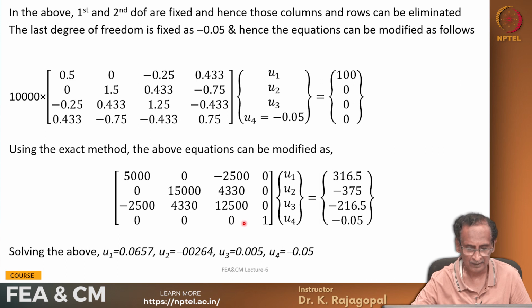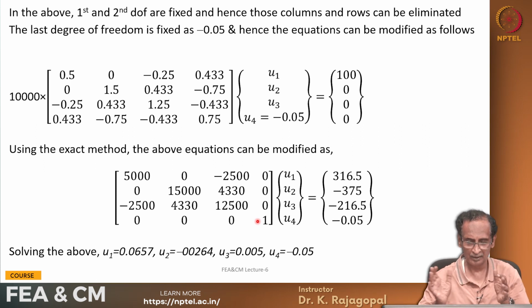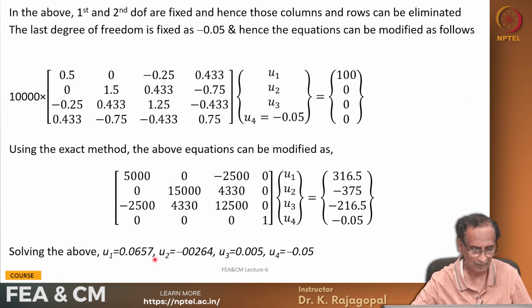And then the fourth row is a trivial equation, because U4 is minus 0.05, nothing else. By solving this, we get U1 of 0.0657, U2 is minus 0.0264, U3 is 0.005, and U4 is minus 0.05. That is what was applied.